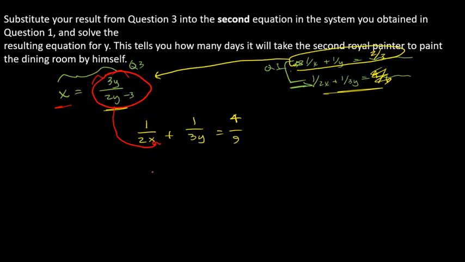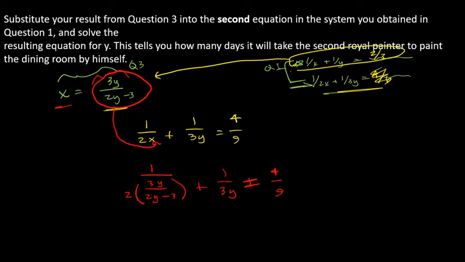So for me, that would mean rewriting this as 1 over 2 times 3y over 2y minus 3 plus 1 over 3y equals 4/9. Now this looks a little bit hairy at first, right?